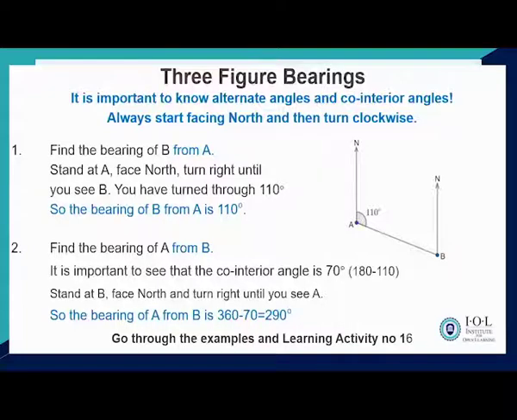From A, go and stand at A. You face north and you start turning to the right. Stand at A, the from A, face north and turn until you see B. So the bearing of B from A will be 110 degrees.